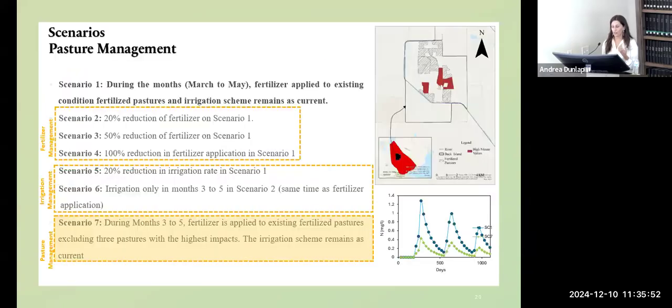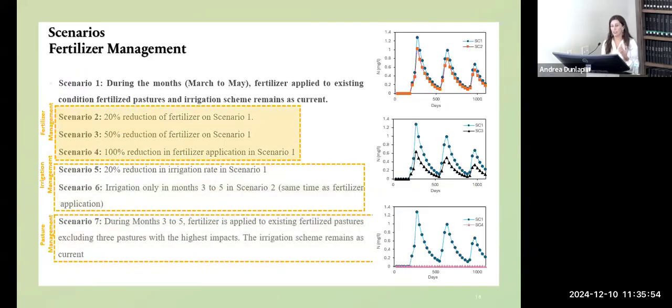But I want to explain it a little bit. If you look at the graph, yes, if we remove it, obviously we do not have nitrate in the system anymore. By looking at the graph and comparing visually, yes, this is the best scenario. But what are the impacts of it? The crop yield, you're going to reduce it.